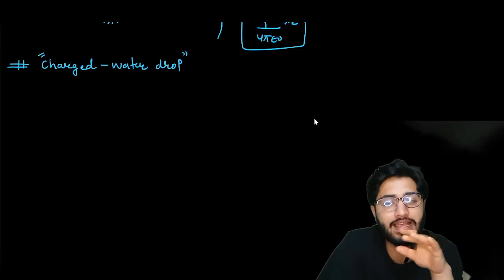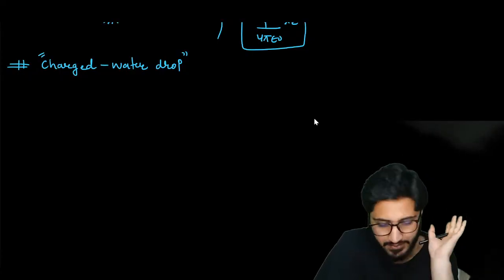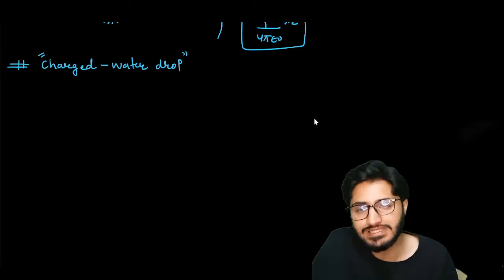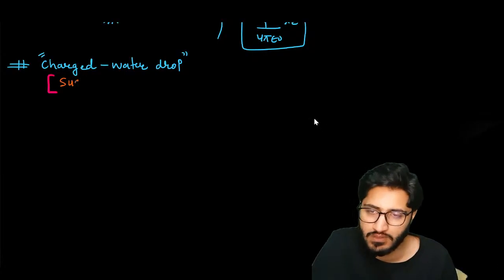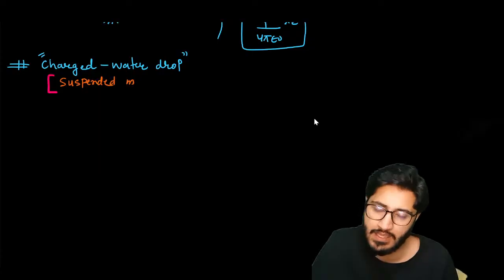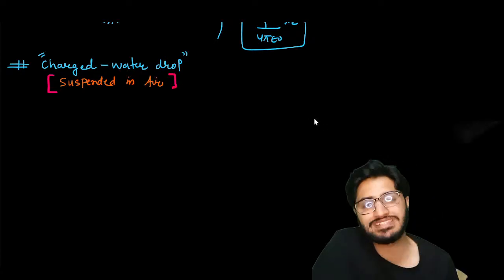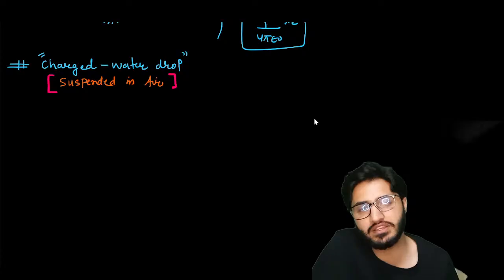That means it should be hanging in air, or I can write it should be suspended in air, right? If we want the particle to be suspended in air, what things do I need to apply?